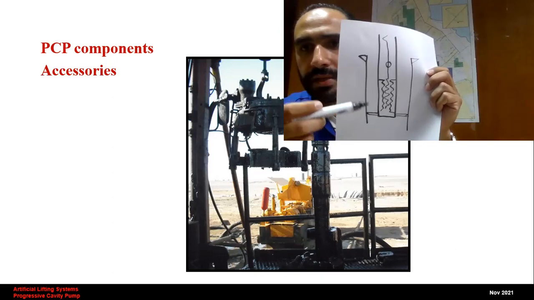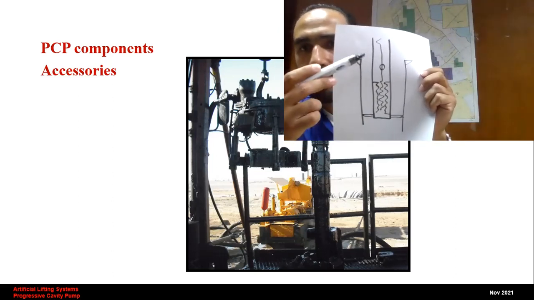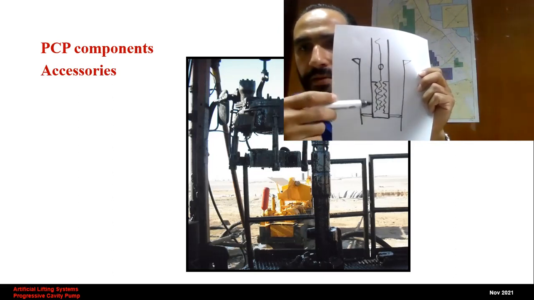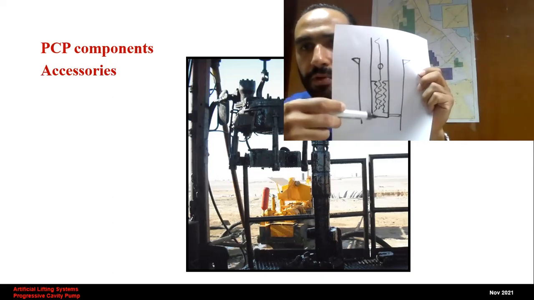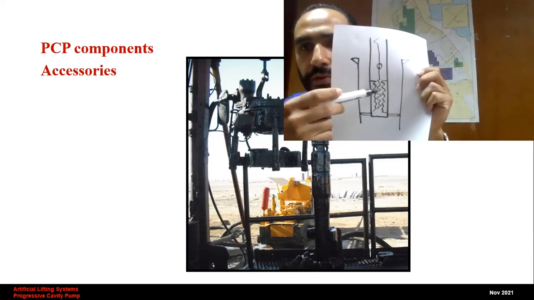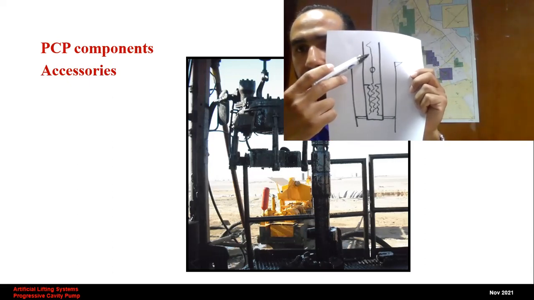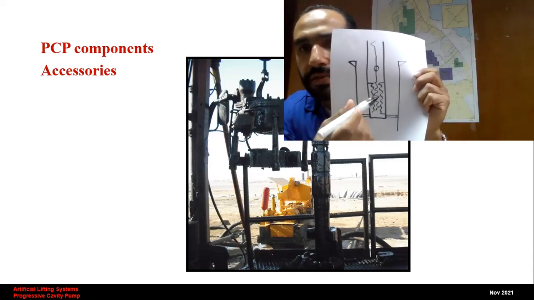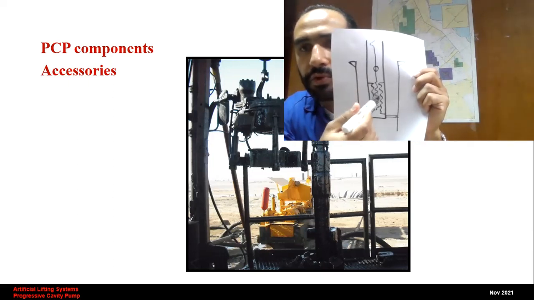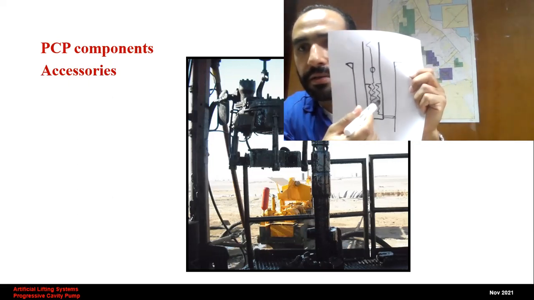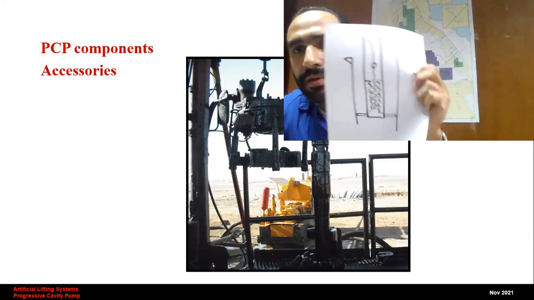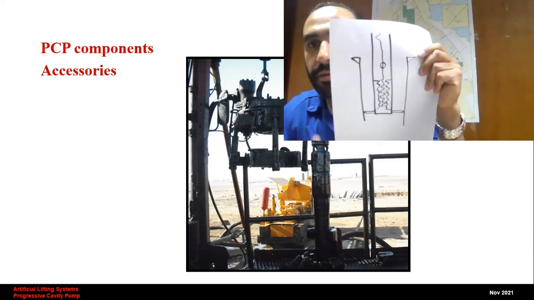Okay, this is the casing string. This is the tubing string, and the stator lying at the bottom of the tubing string, the rotor inside the stator, okay, connected to the sucker rod string. In case of the stuck rotor, we are expecting this portion to be completely blocked. I hope it's clear.